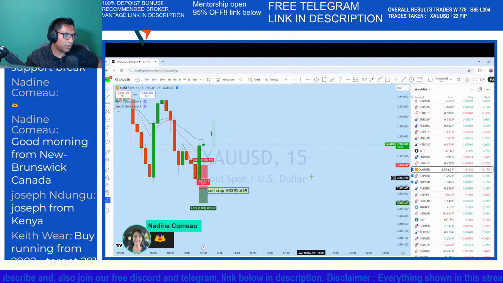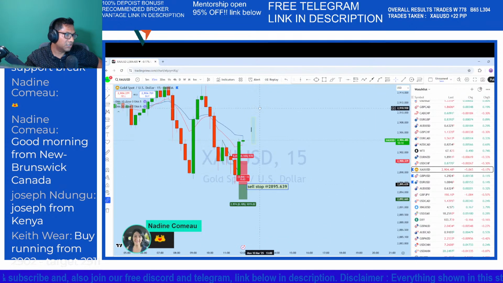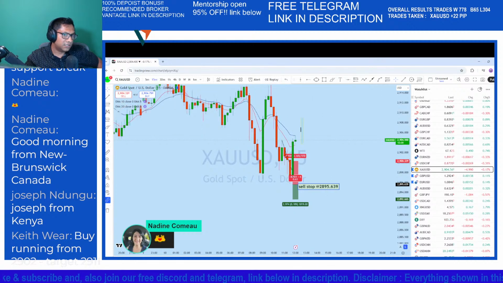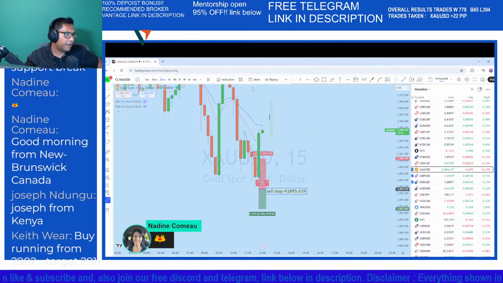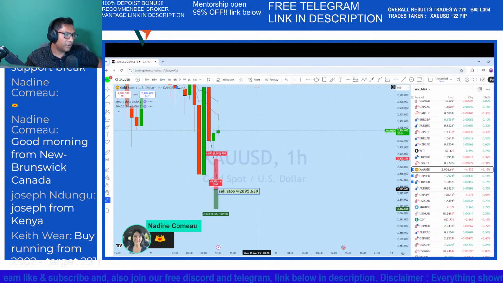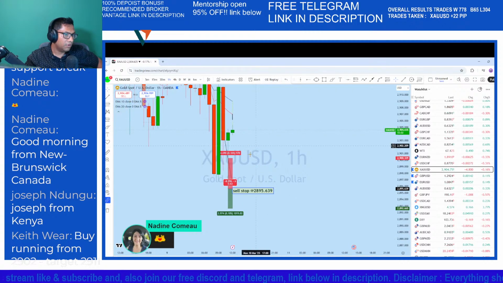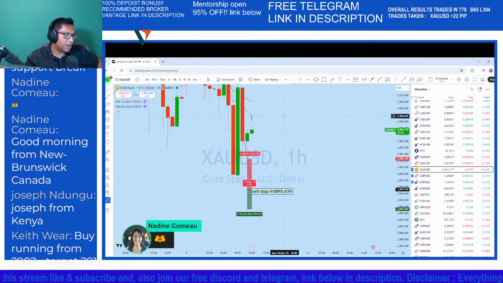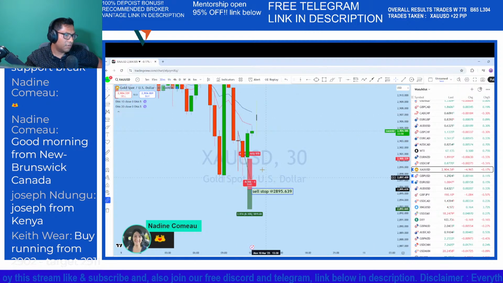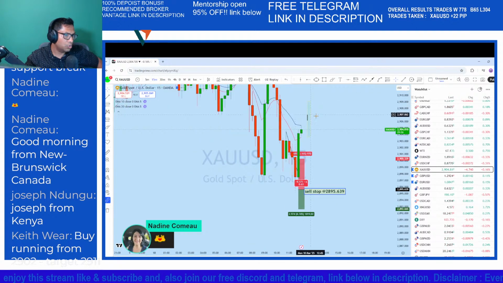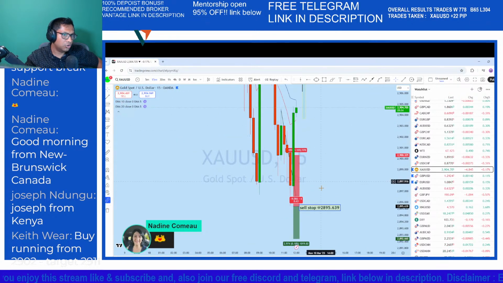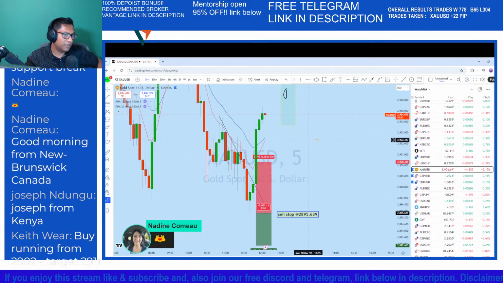Okay, so here is the 15 minutes chart. The market is approaching that level where, if you look at the 1 hour here, you can see that this is a 1 hour pin bar, and from that 1 hour pin bar, I'm expecting this market to potentially drop down to the support level here.